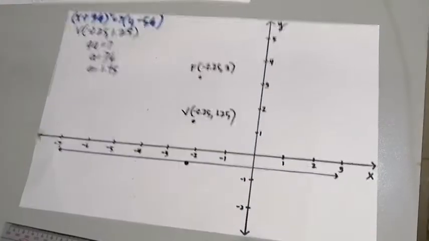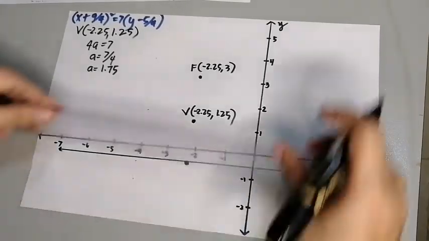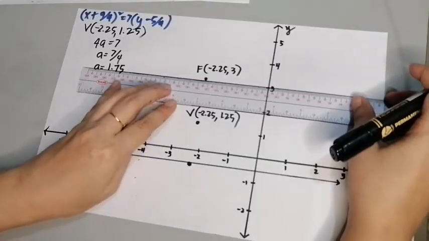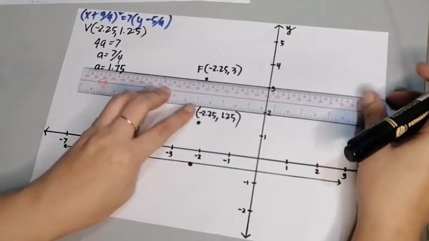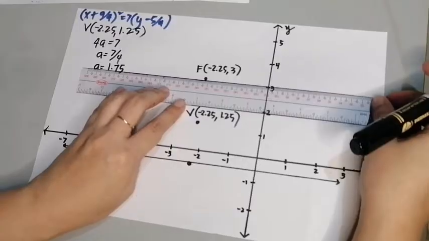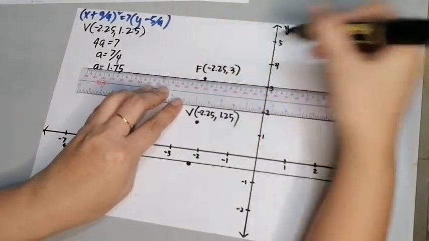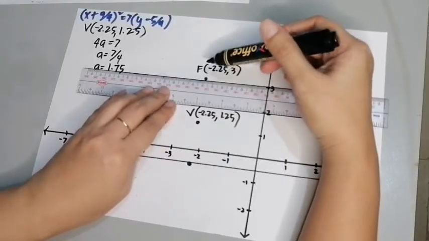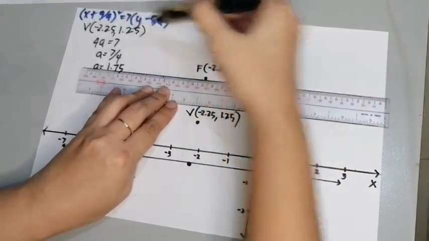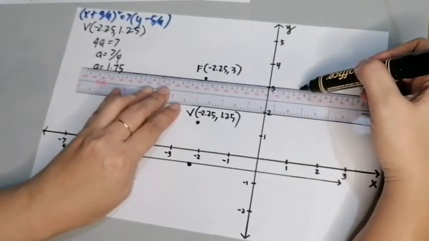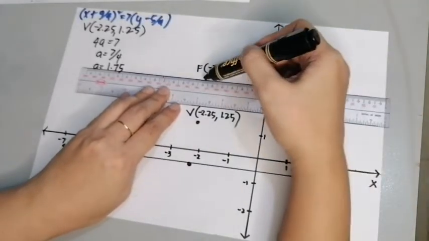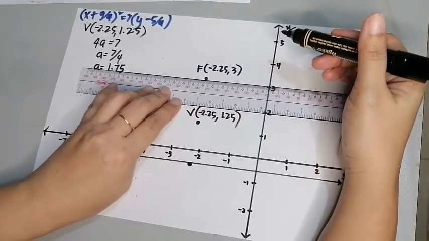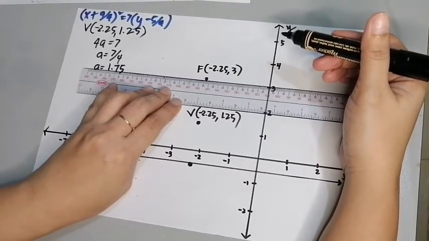Then what about the latus rectum? Again, the latus rectum is located at this line here that I'm referring to. Since the length of the latus rectum is equal to 7, that's 2a units to the right, 2a units to the left. So that's 1.75 times 2, it's 3.5.